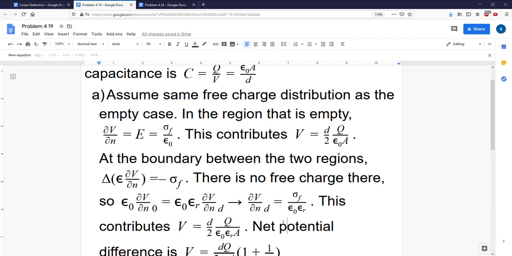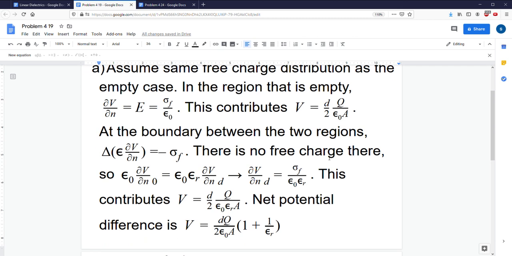And so the potential difference is d over 2 times Q over epsilon naught epsilon R A. To get the total potential difference between the two plates, we take this potential difference and this potential difference and add them together. Notice that they are very similar. The only difference is there's this epsilon R here and nothing there. So we can pull out their similarities: dQ over 2 epsilon naught A times 1 plus 1 over epsilon R.